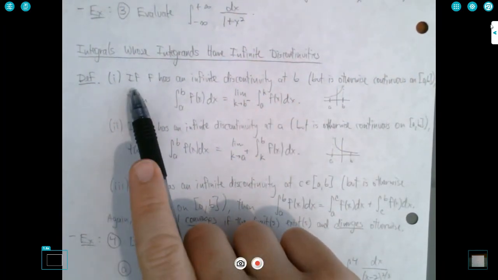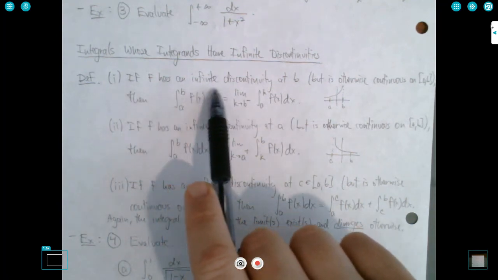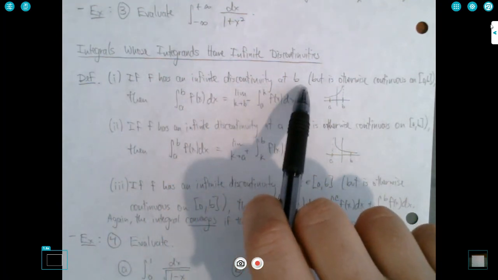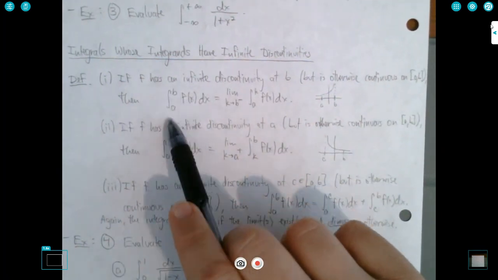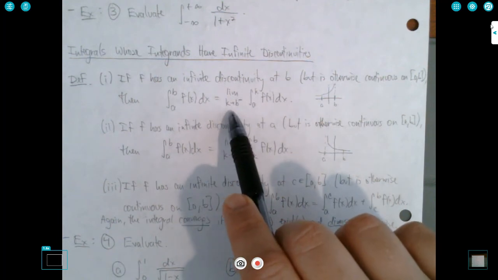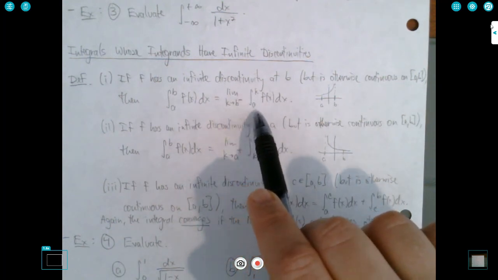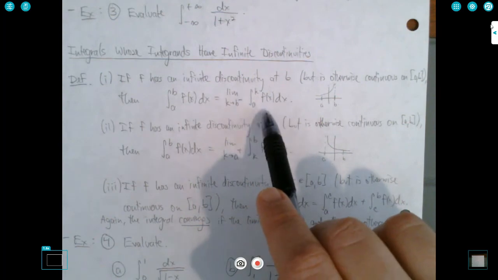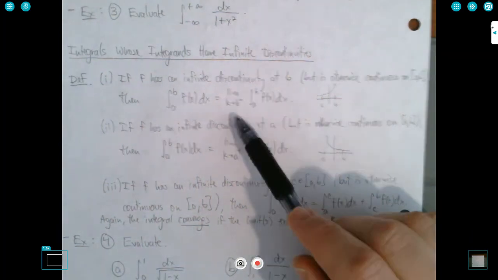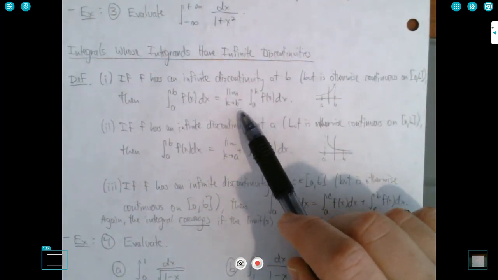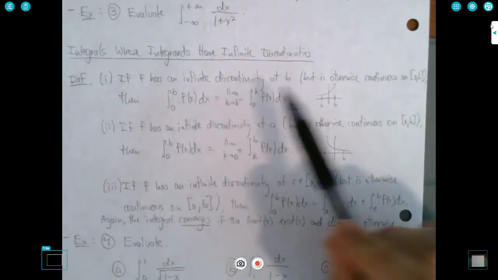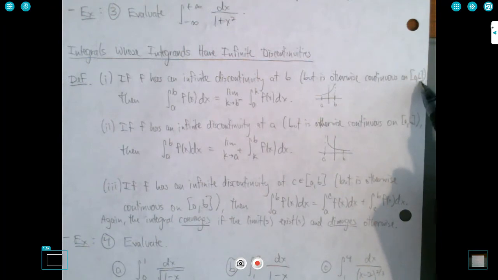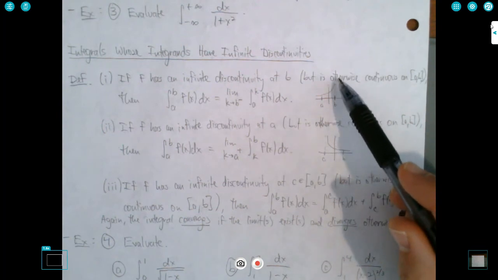If f has an infinite discontinuity at b, but it's otherwise continuous on the interval ab, then the integral from a to b of f of x dx is just going to be the limit as k approaches b from the left of the integral from a to k of f of x dx.